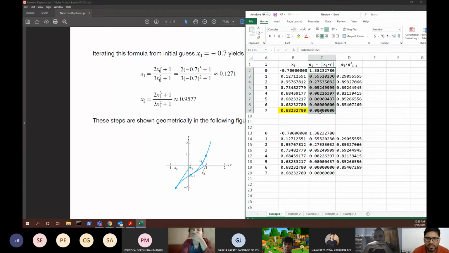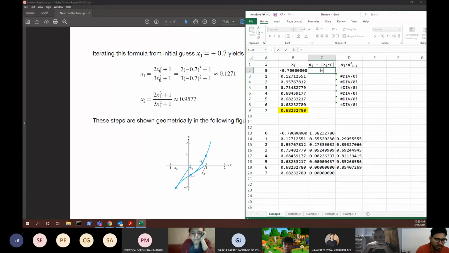You already know how to calculate the error, right? The error is equal to the absolute value of this one minus this one. But I'm going to lock this one because this is my true value. So with F4, I lock it, and that's it. So I got my error.